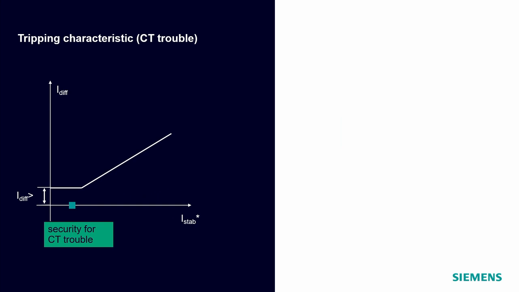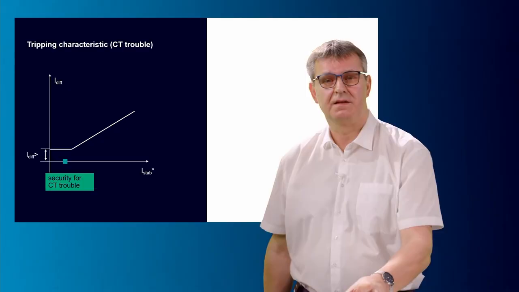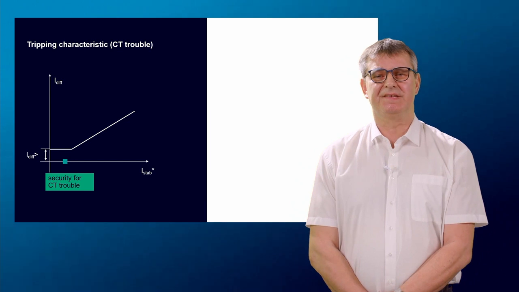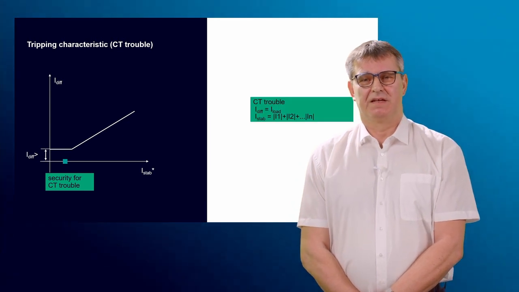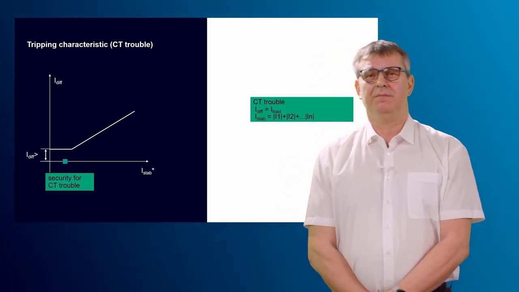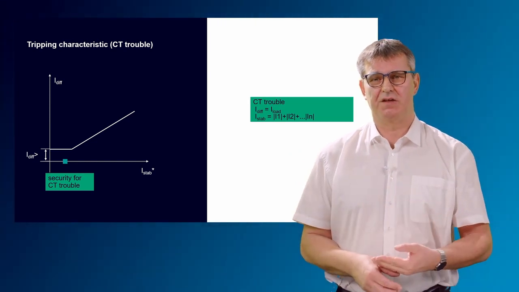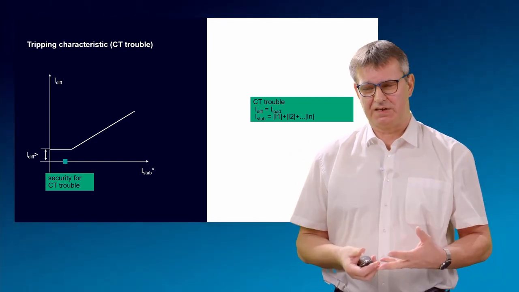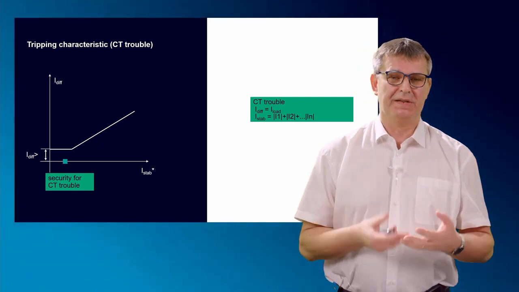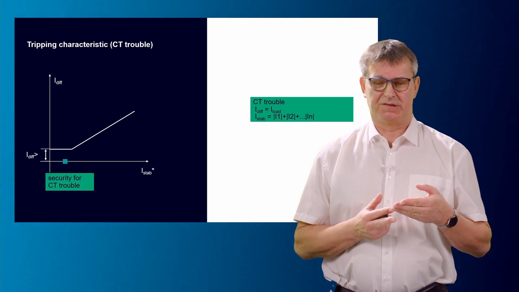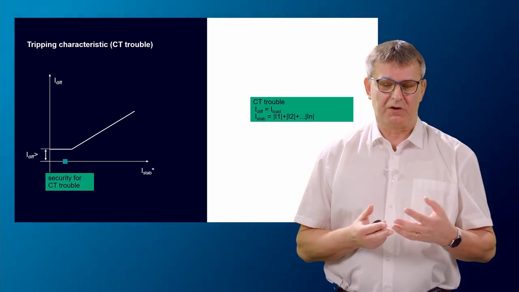CT trouble. Very important slide now. What does CT trouble mean? CT trouble means mainly we have lost one CT, a complete CT for all phases, or the CT of one feeder only for one phase.